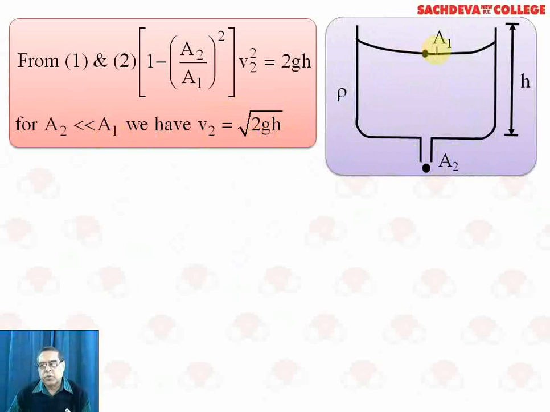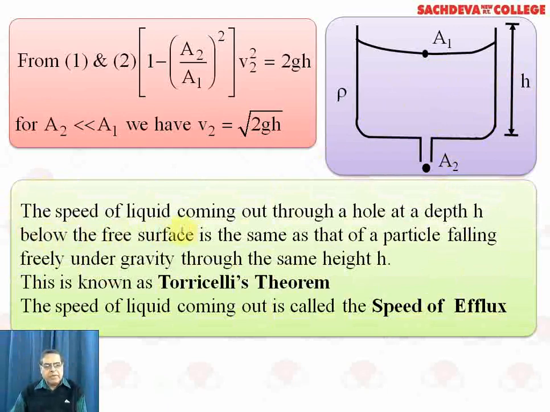In the figure it is shown, ρ is the density of liquid, h is the height of the liquid column, and A2 is the area from where the liquid comes out. The speed of liquid coming out through the hole at depth h below the free surface is the same as that of a particle falling freely under gravity through the same height, and this is called Torricelli's theorem. The speed of liquid coming out is called the speed of efflux.